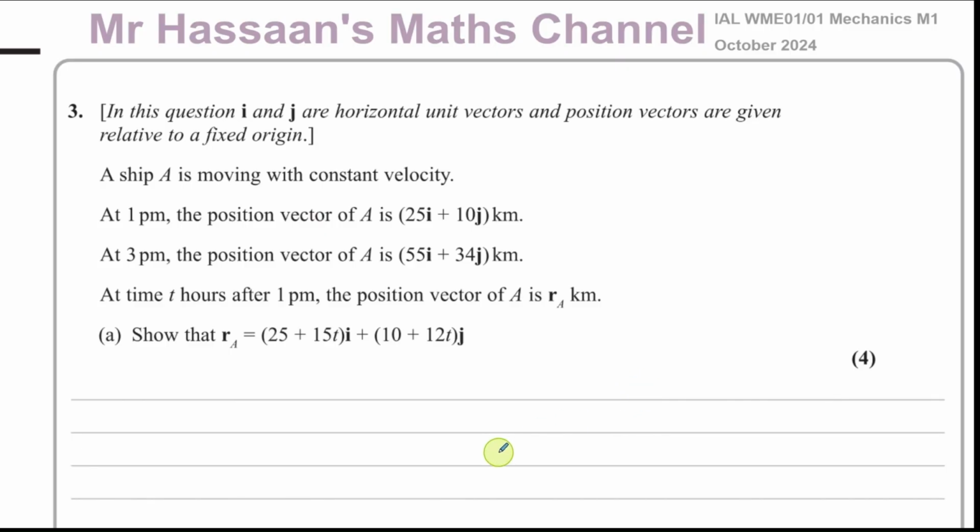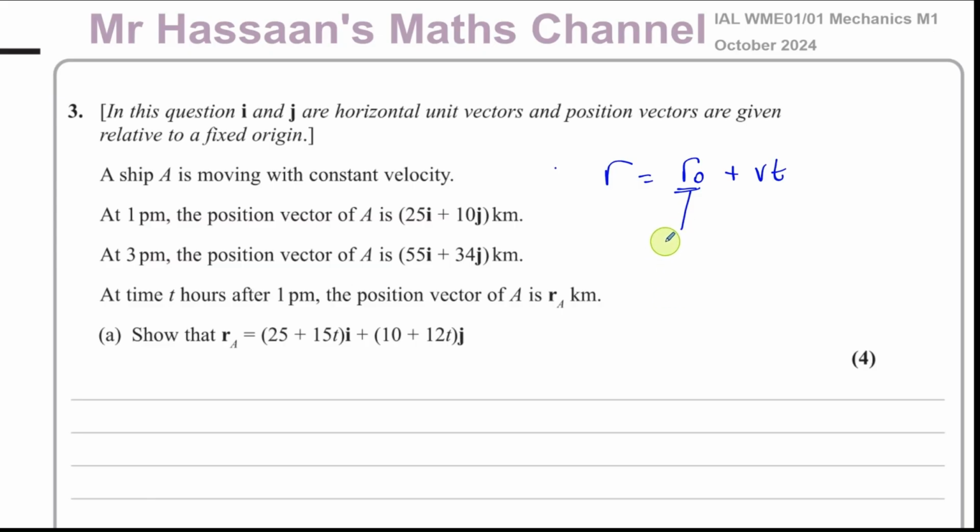So here we have to find the position vector of this ship. The formula for the position vector of an object moving at a constant velocity is as follows: the position vector equals R0 plus V times t.